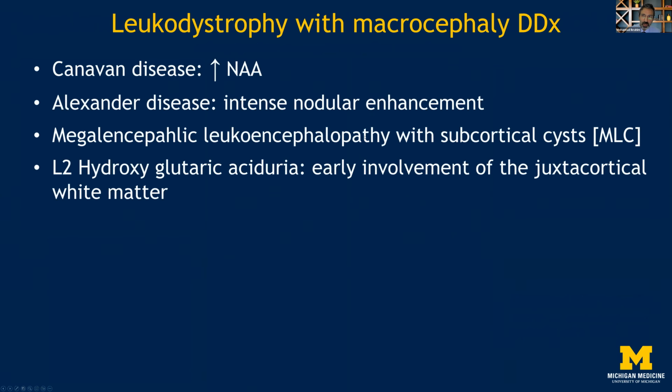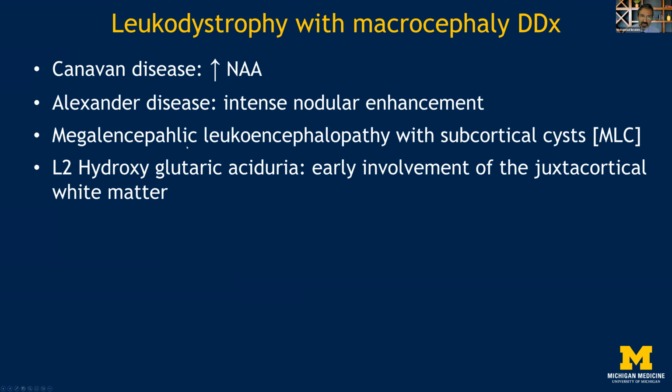So patients who have leukodystrophy with macrocephaly have a relatively short differential diagnosis. You want to think of Canavan disease. These classically have markedly elevated NAA on MR spectroscopy. Or you can think of Alexander disease. These present with intense nodular enhancement and macrocephaly in its infantile onset form.